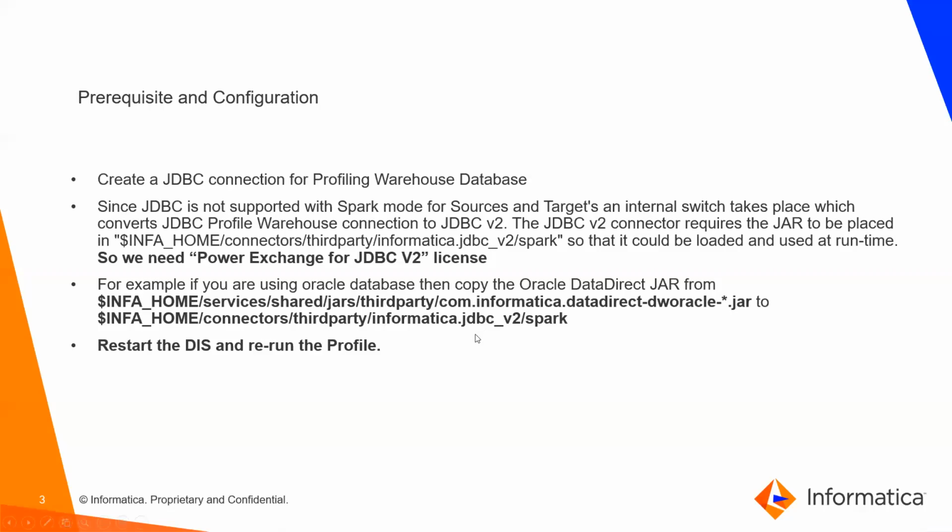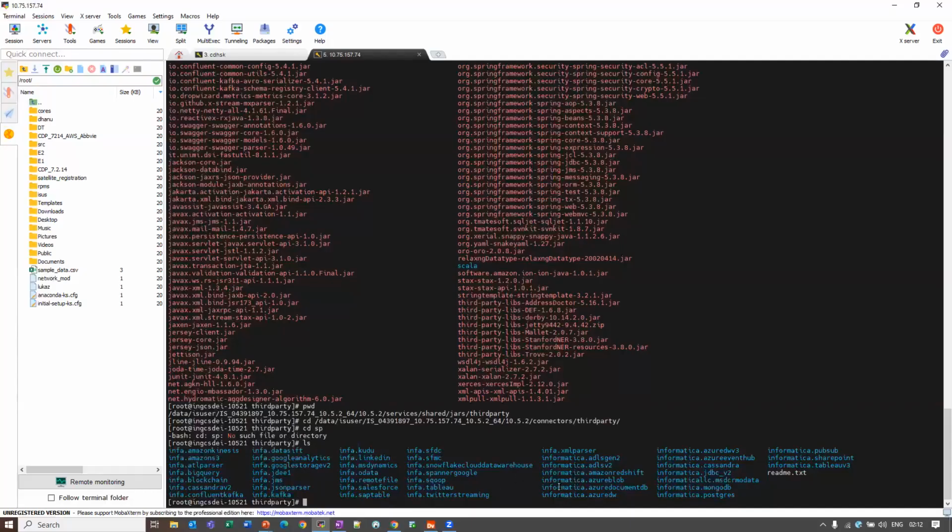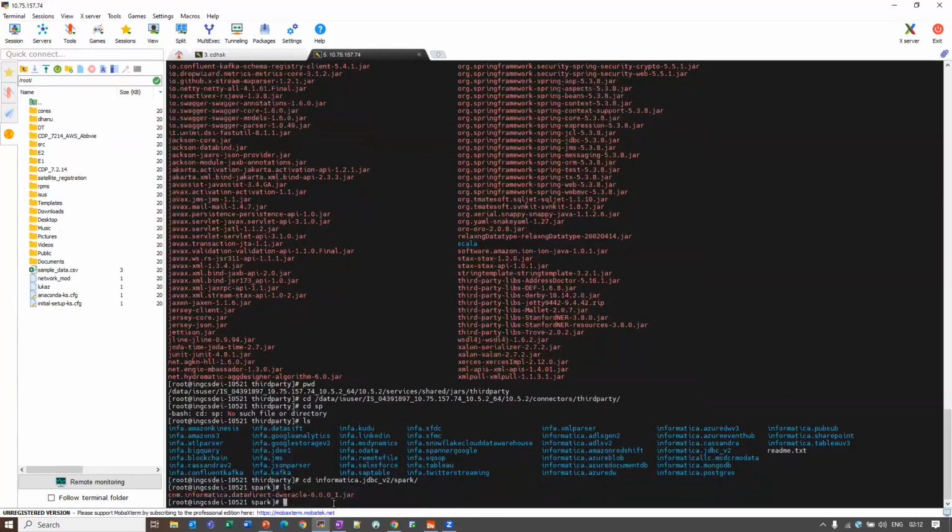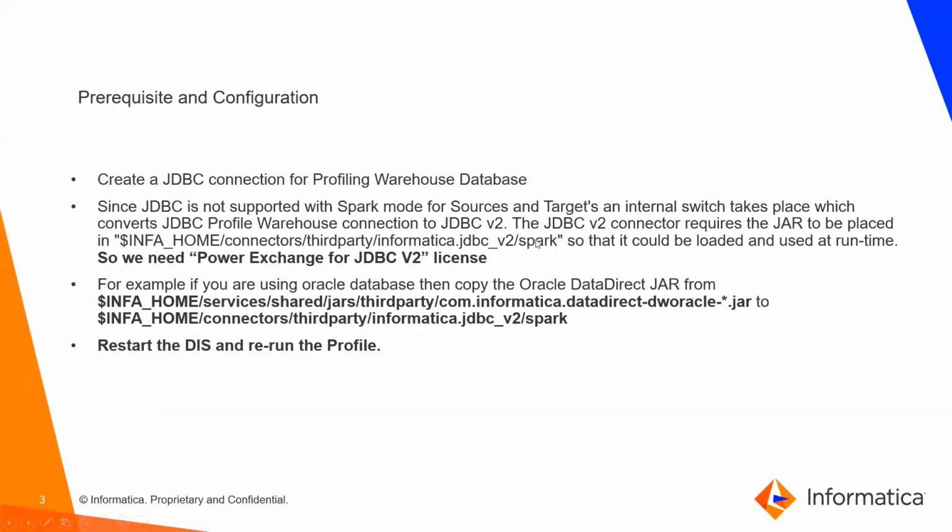Inside that, the Informatica JDBC v2 folder, Spark. As you can see, I have copied the jar over here, and I have performed the DIS restart as well to get the changes applied. These are the prerequisites and configuration you should take care of before running the profile.